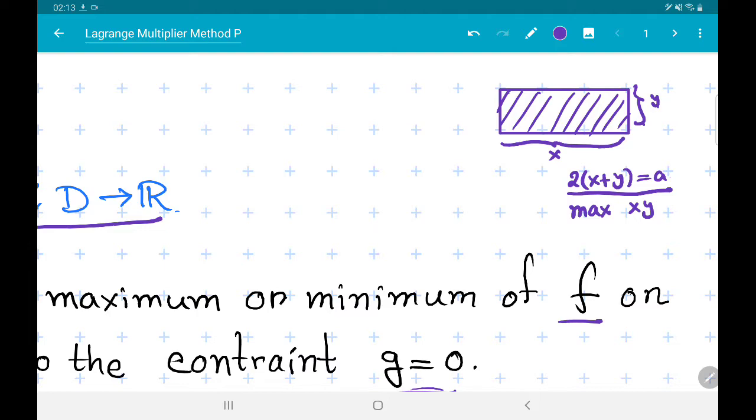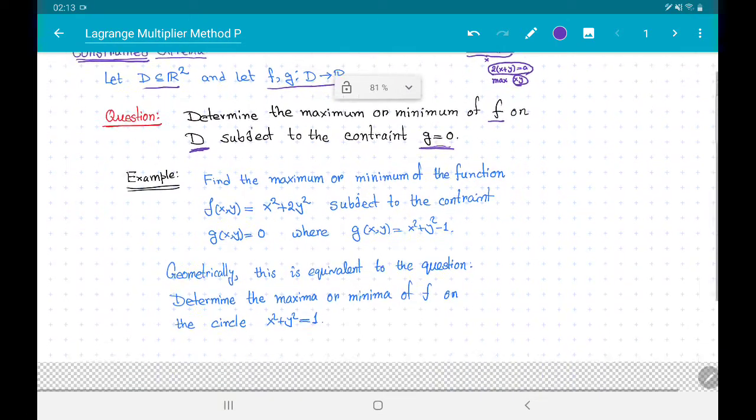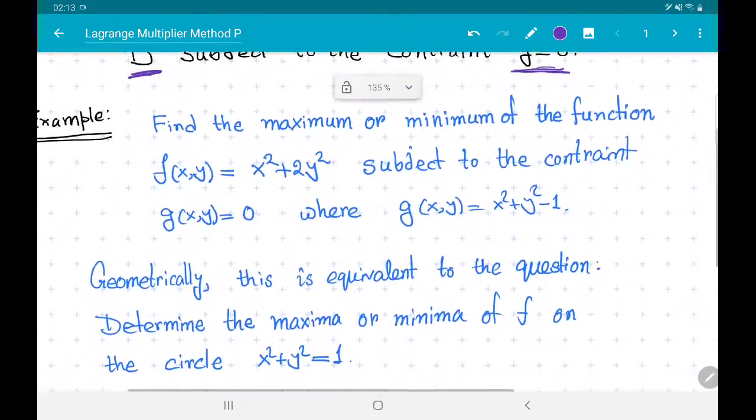This is an example of a problem of determining maxima and minima subject to a constraint. So this is the function that we are talking about. We want to determine the maxima subject to the constraint given by 2 times (x plus y) is equal to a. So let me look at a somewhat more difficult example.